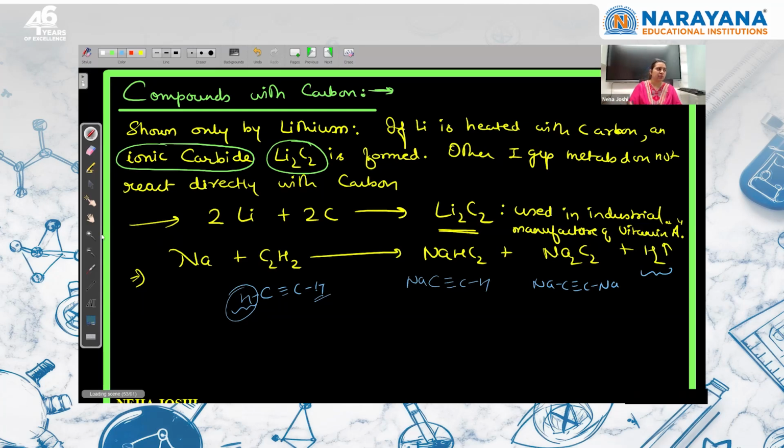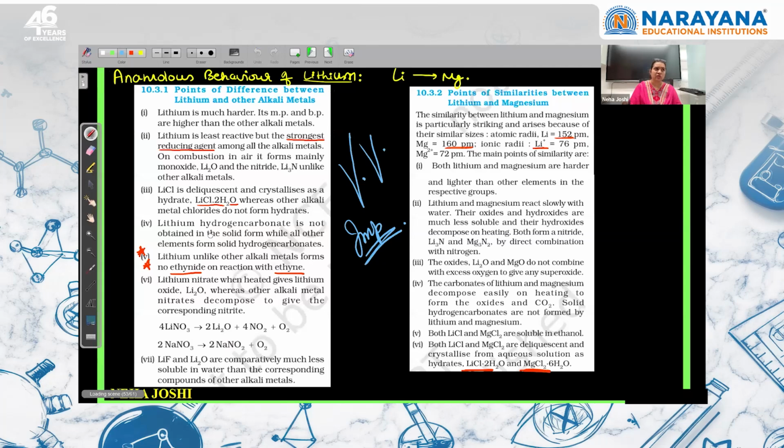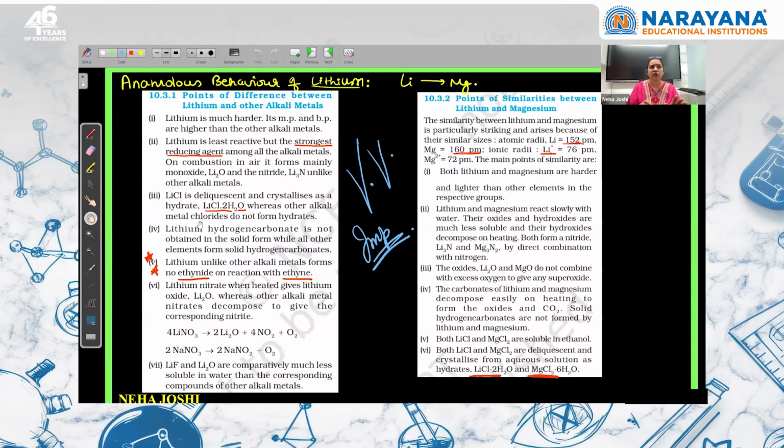Okay? Anomalous behavior of lithium is certainly questioned and is important. Wherever you are asked about the diagonal relationships, the safest thing to say is their similar charge by size ratio. Why does it behave like magnesium?